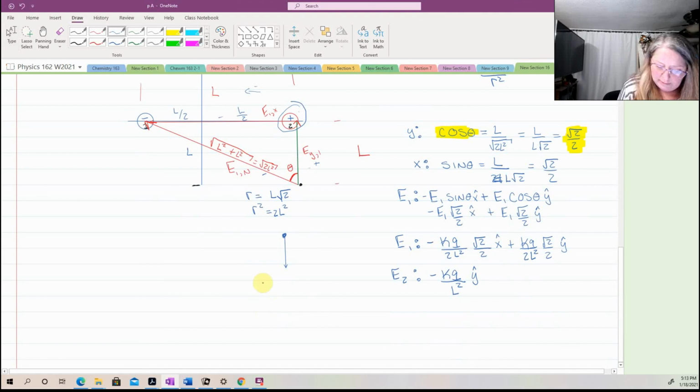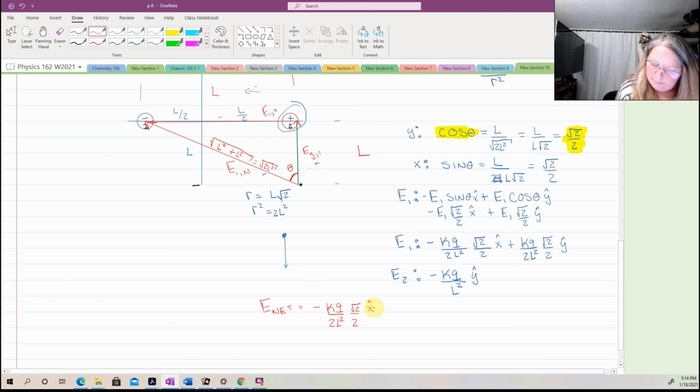So my E net is going to equal then, I'm going to have only one thing with an x hat, so kq over 2L squared, root 2 over 2, I should have simplified that, x hat.